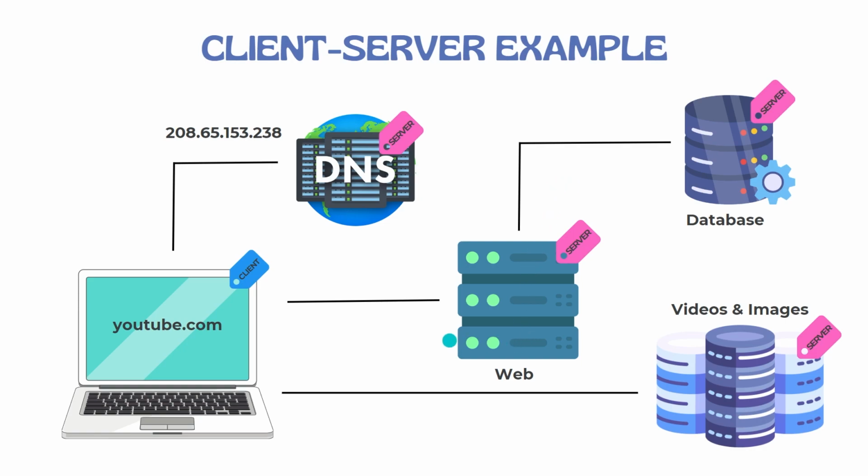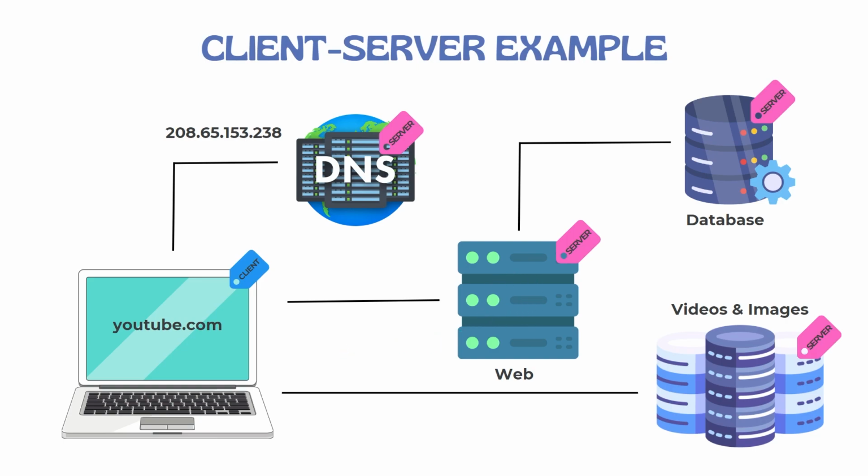From there, the web server provides a response back to your browser, and then your browser needs to fetch some assets from some type of file server or storage server. So for instance, videos, images, they might not reside on the same web server that the web page content's on.